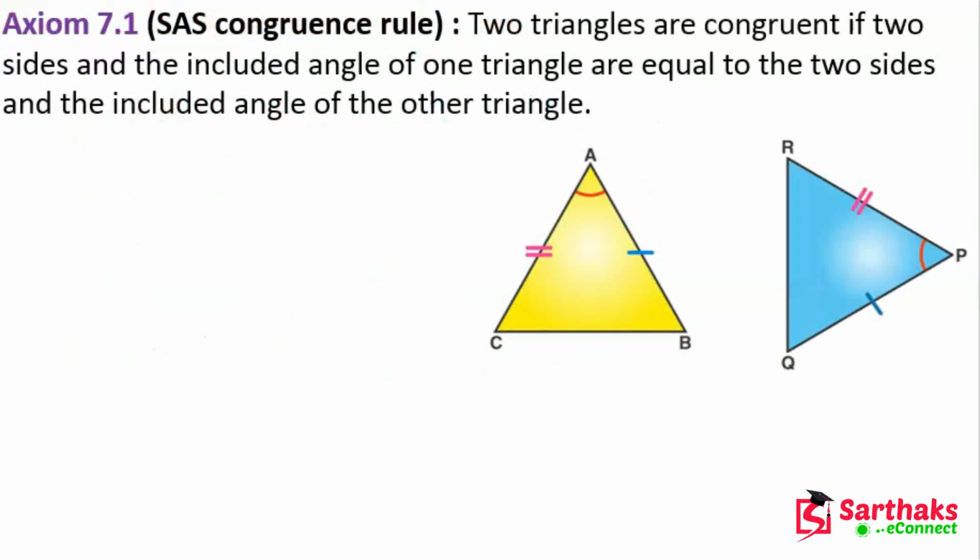Now we are going to see axiom 7.1. What is an axiom? We know that axioms are statements which need not be proved, meaning they are already true. I hope you get this point.